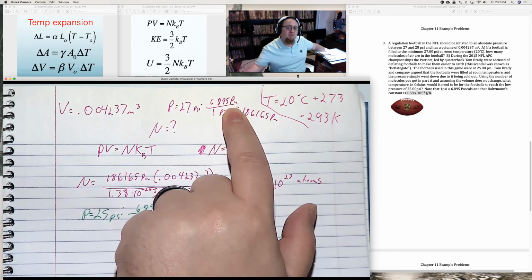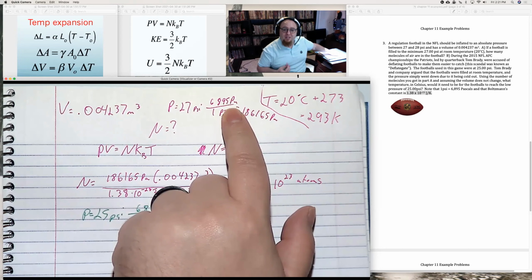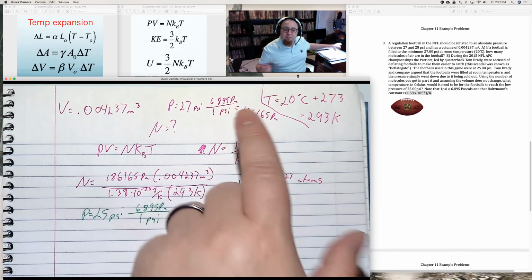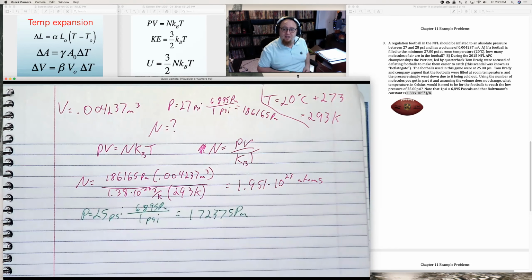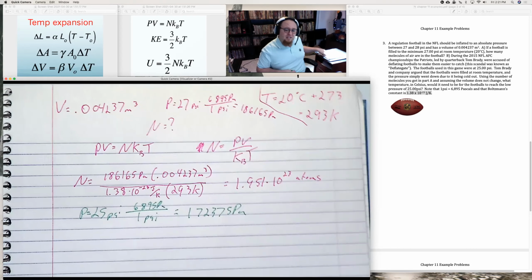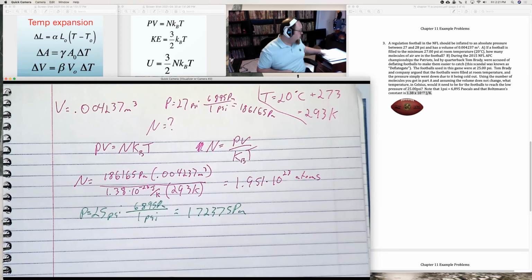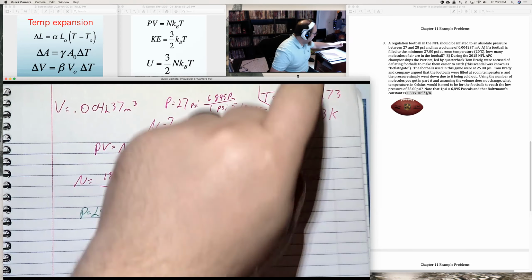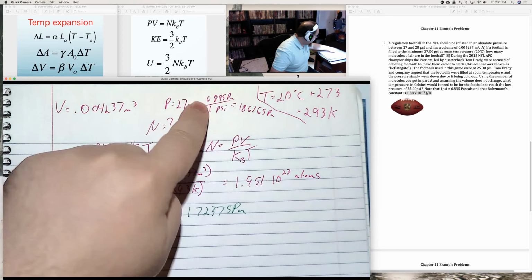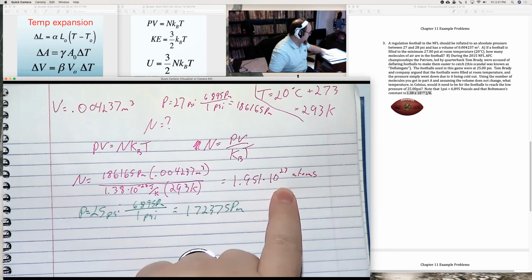What happened is they brought these footballs outside, and because it was cold, the pressure went down, using the ideal gas law. He said the reason they had this psi was just how cold it was outside. So let's use these numbers. If the balls were filled at 20 degrees Celsius to 27 psi, they have that many molecules available.